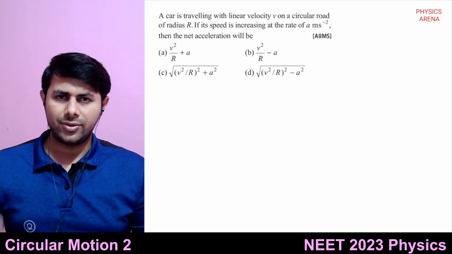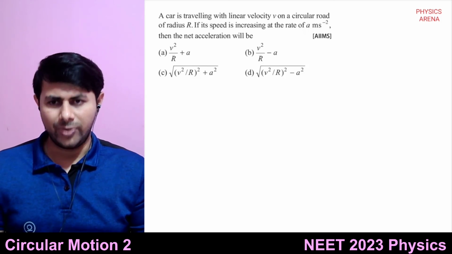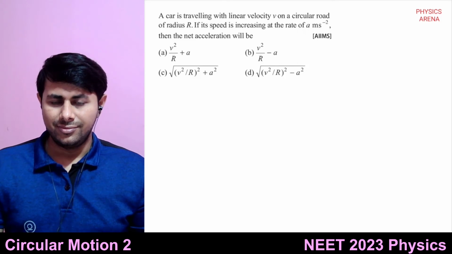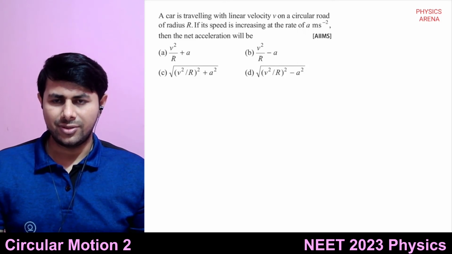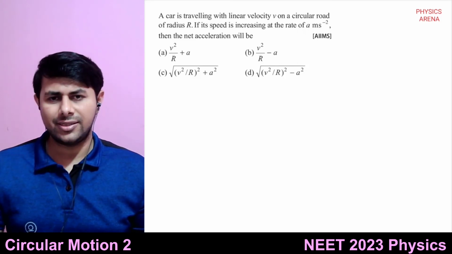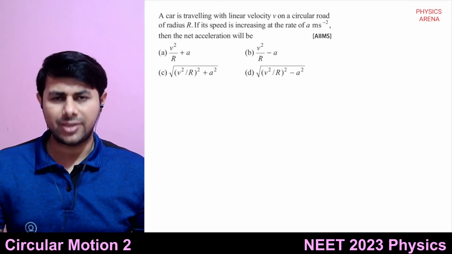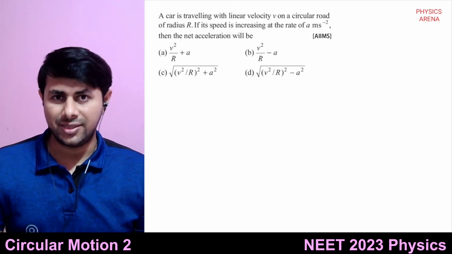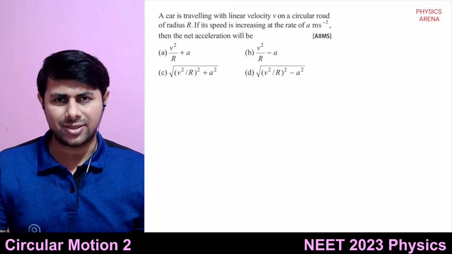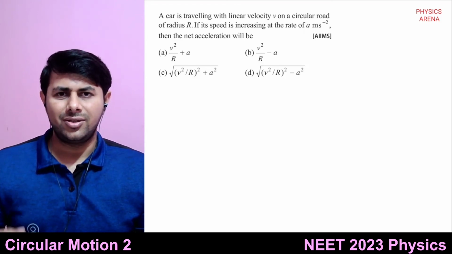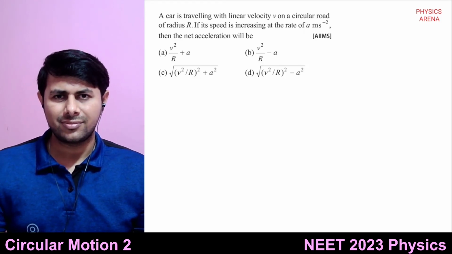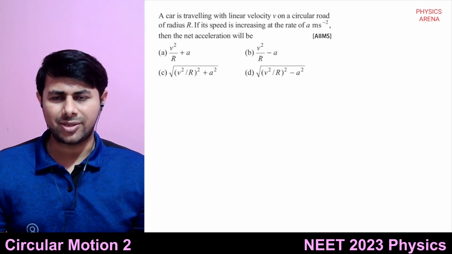Speed is the magnitude of velocity, you know this? And it is increasing at the rate of a meters per second squared. That means the magnitude of velocity is increasing at the rate of a meters per second squared. So which acceleration changes the magnitude of velocity, tangential or centripetal?